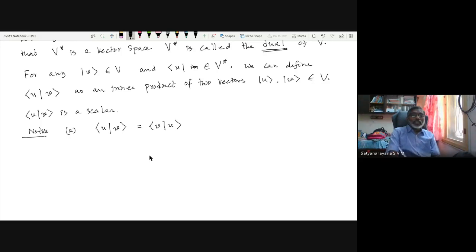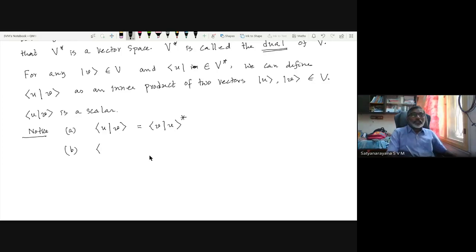This is a scalar, this is a scalar, but they will be related by complex conjugation. UV is equal to VU star. This is a complex number, and you take the complex conjugate of that, and that will be equal to this.